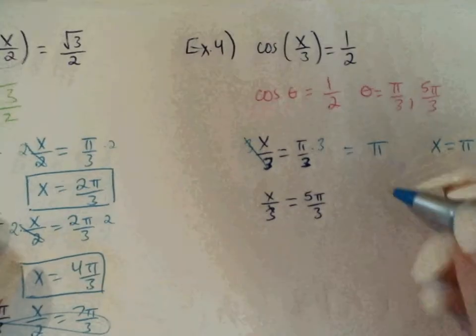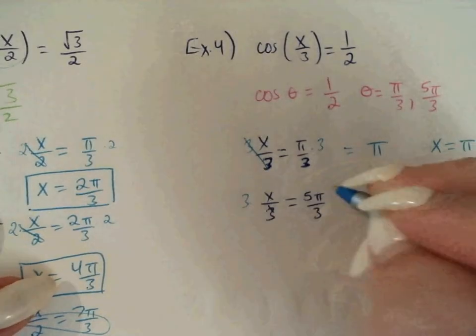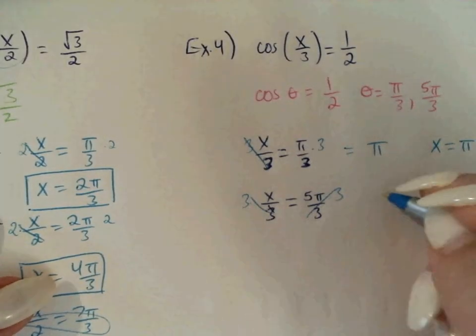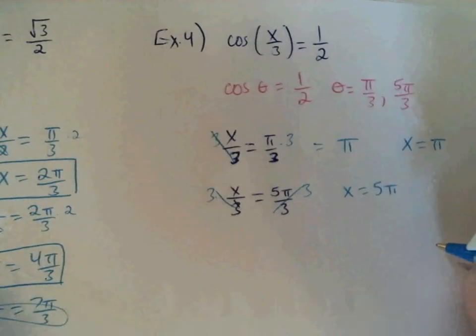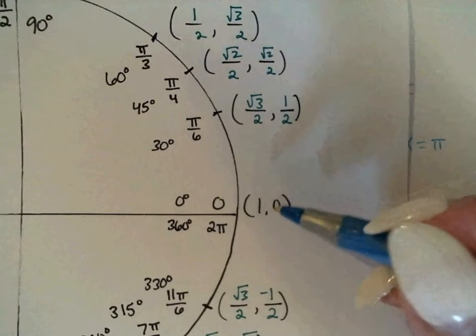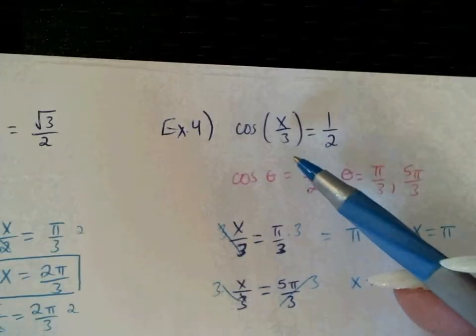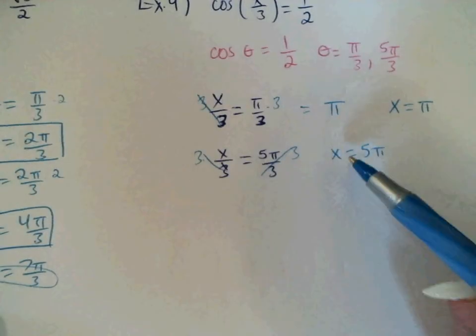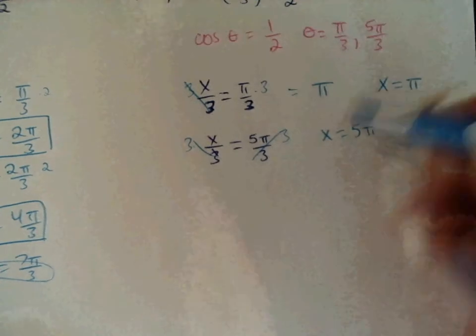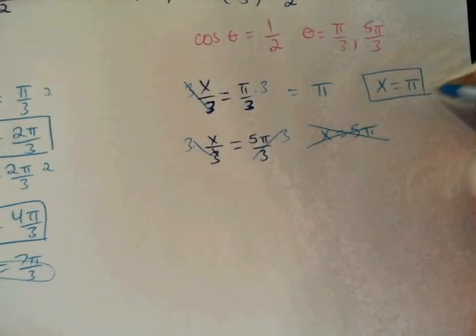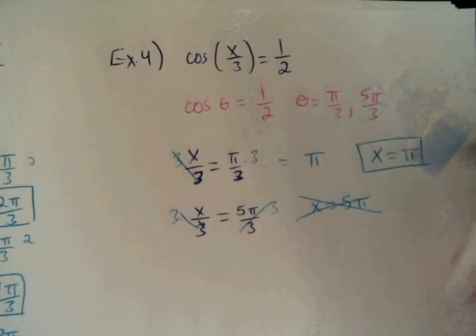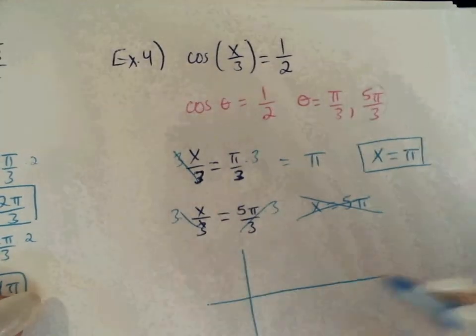And that makes sense, because if I plug in pi, I get cosine of pi over 3, and that is 1/2. Here, if I multiply by 3, I get x equals 5 pi. While that is an answer, it is not an answer between 0 and 2 pi. So this horizontal stretch by a factor of 3 made it to where this answer is no longer an answer on the interval. So the only answer we have is pi.